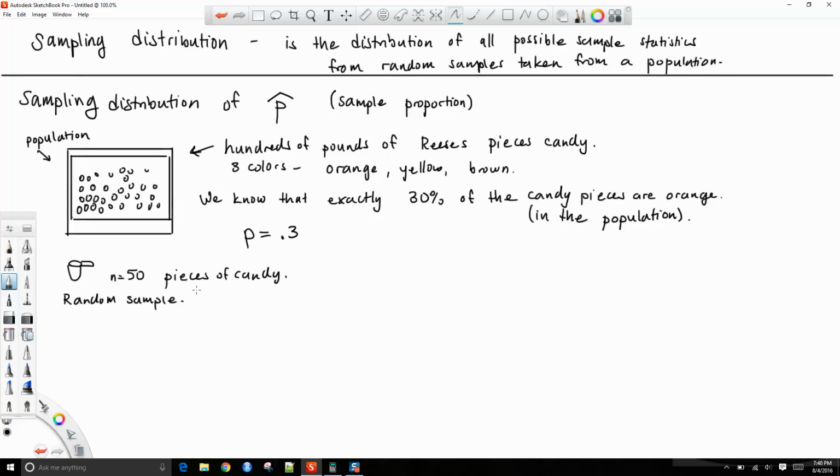So we would expect about 30% orange candies. Let's count them, and say we count 18 orange pieces.